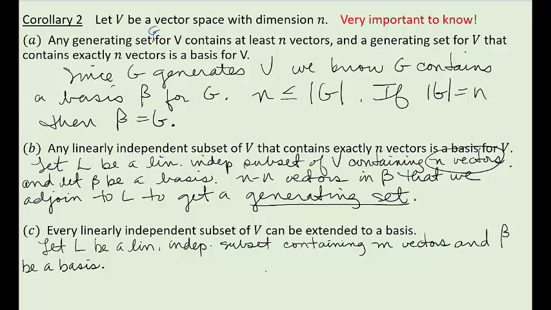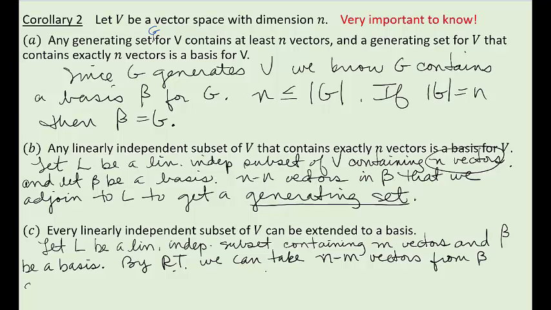By the replacement theorem, RT, we can take exactly n minus m vectors from beta, the generating set, and put them in L, or adjoin them to L, to get a generating set.